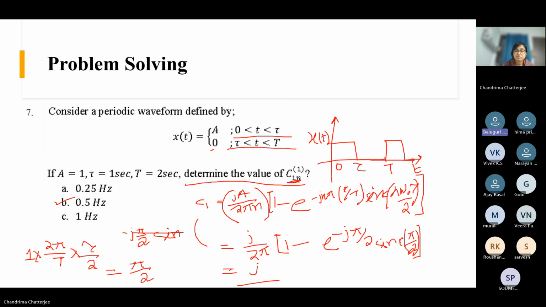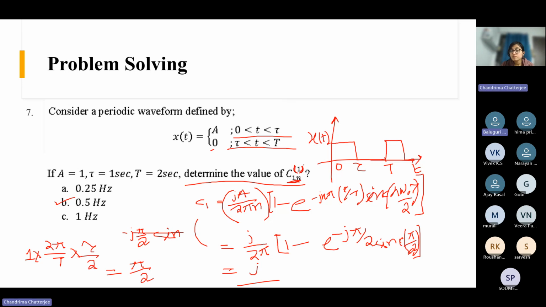Madam, what is that bracket one above C? Which one are you saying? Determine the value of C1, to the power of bracket 1. What is that bracket 1? So the bracket one, C1 is the fundamental component.